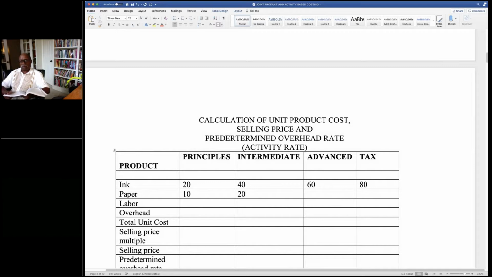1, 2, 30. And we found out the labor in the chart above, if y'all remember.